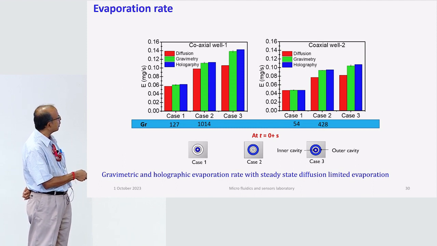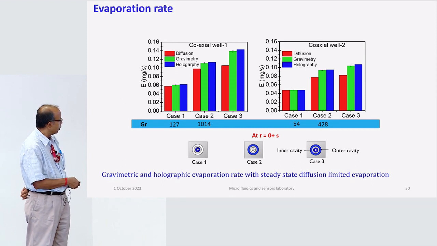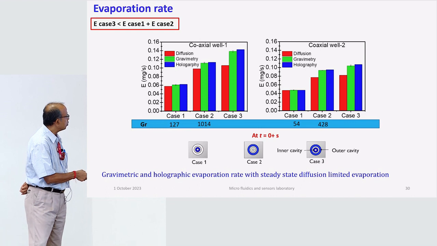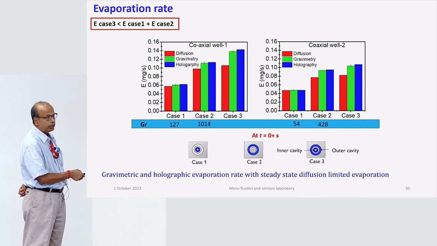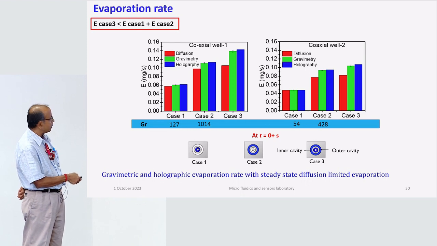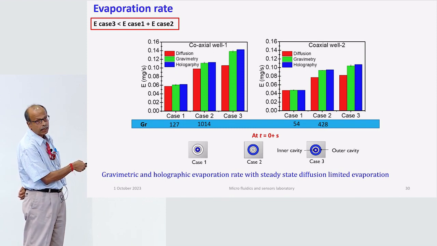This is from diffusion calculation, gravimetry measurement, and the holography measurements. So what it says is that this is fluid in 1, this is fluid in 2, this is fluid in both of them. So the evaporation rate in here should be this plus this. But what we see is that the evaporation rate is not this plus this. And that is what I am trying to show.